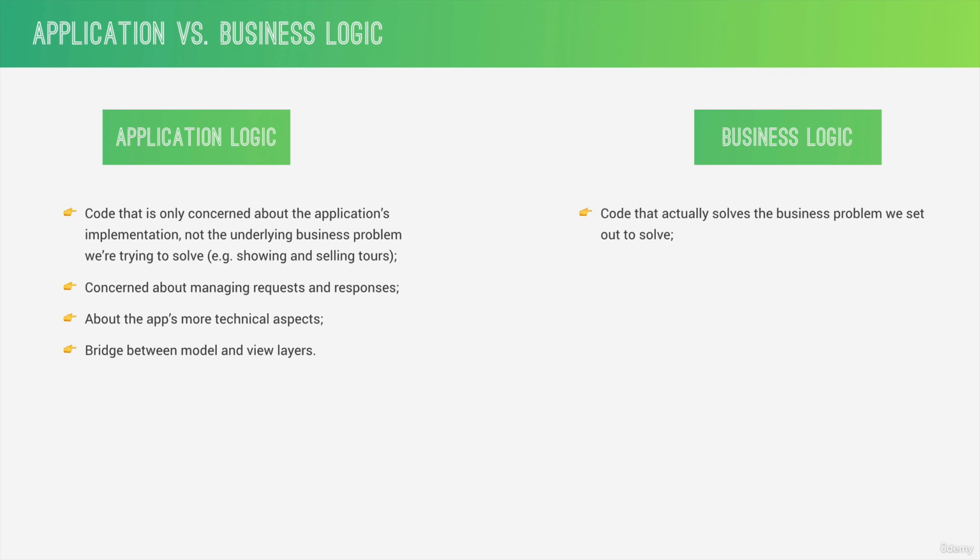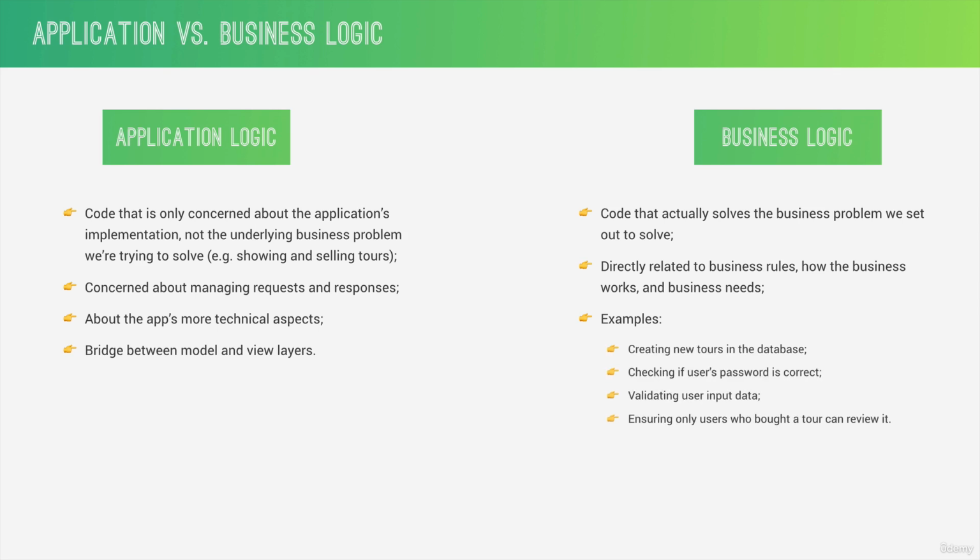And the code that is directly related to the business rules, to how the business works and the business needs, is business logic. Now, if that still sounds a bit too philosophical, some examples in the context of our Natours app are creating new tours in the app's database, checking if a user's password is correct when he logs in, validating user input data, or ensuring that only users who bought a certain tour can review it. So all this stuff is concerned with the business itself, and so it's part of the business logic.